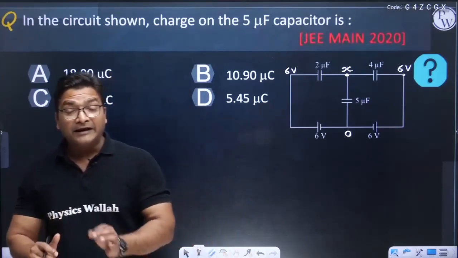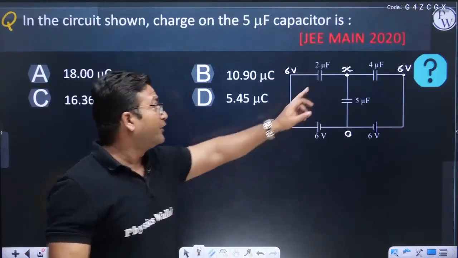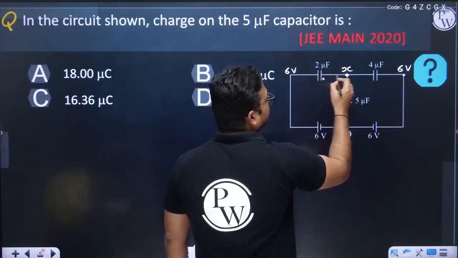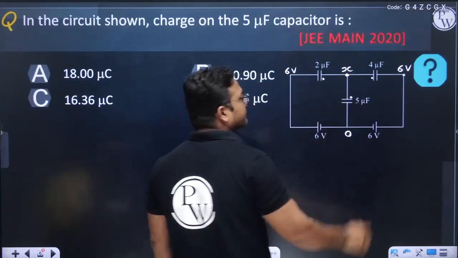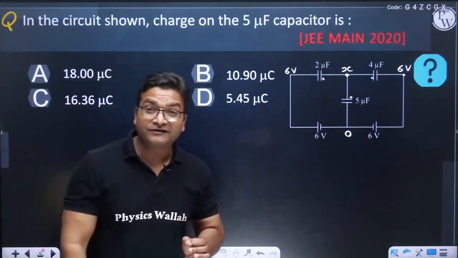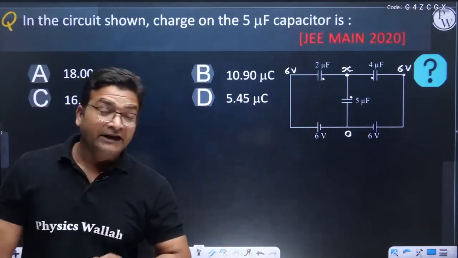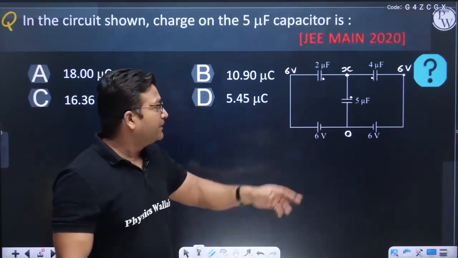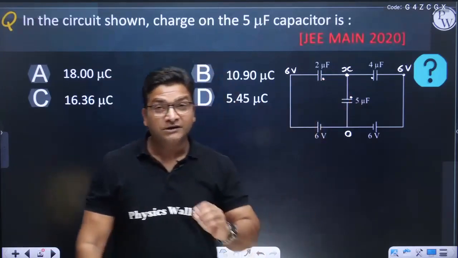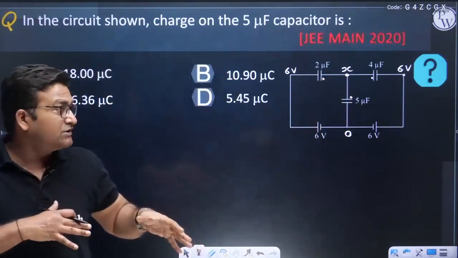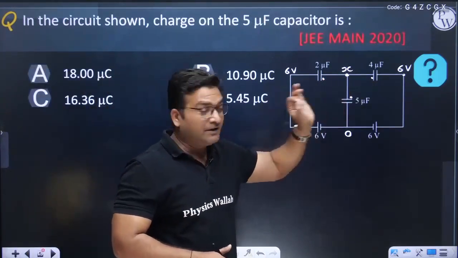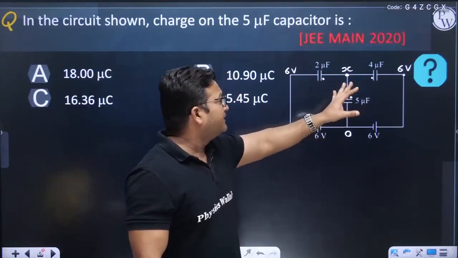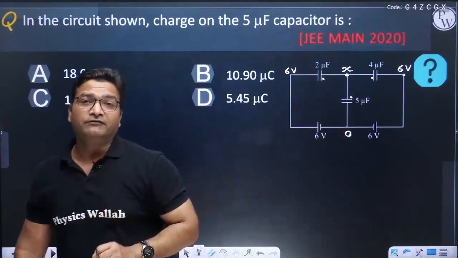And now I will apply KCL at point X. I think you all remember the charge on these three plates will remain constant. As these capacitors had no charge initially, before the circuit was set up, the total charge on the three plates would be 0. So the net charge is 0 on these three plates, and it will always remain 0 as this system of three plates is not connected to the rest of the network.